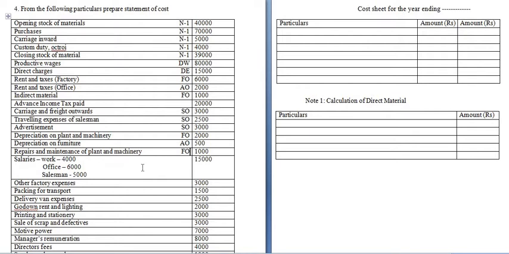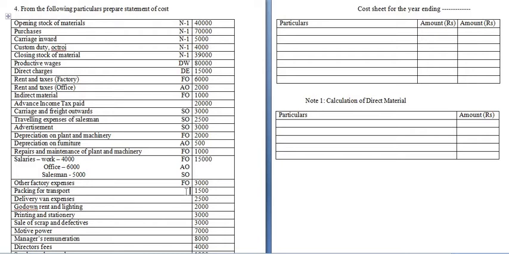Now, here salaries they have given: works, office and salesman. Okay, so works means factory overheads. Next, office, it means administrative overheads. Then next comes salesman. Now for salesman it is selling and distribution overheads. Other factory expenses, it means factory overheads.